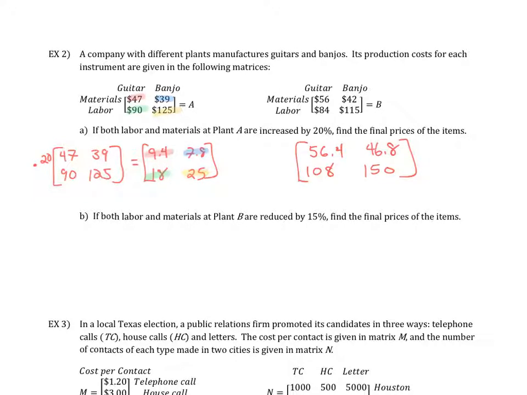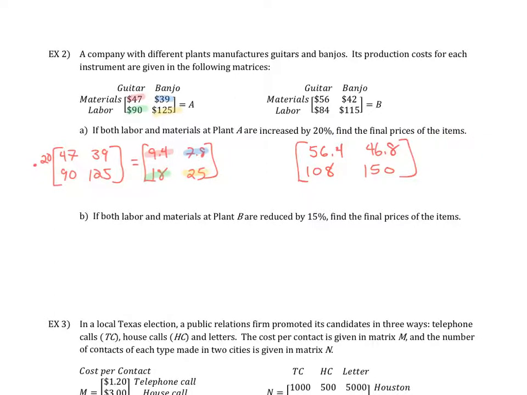But even from there, we know that the top row is how much the materials cost after the increase, and the bottom row is how much the labor costs after the increase. But the question is asking, find the final prices of the items.